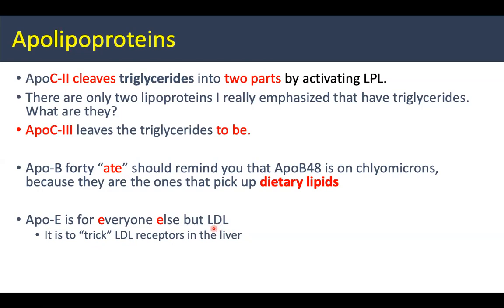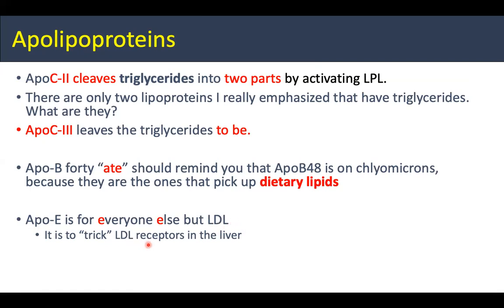But all of the other lipoproteins need ApoE because they need to trick the LDL receptor in the liver into thinking, oh, I'm LDL as well, take me in, please endocytose me. But LDL doesn't need it because LDL by itself can already attach to the LDL receptor.